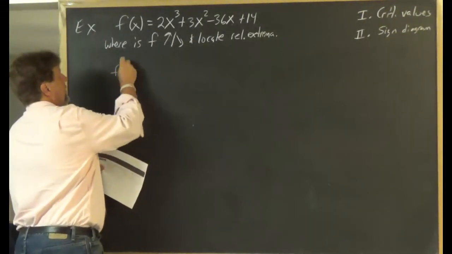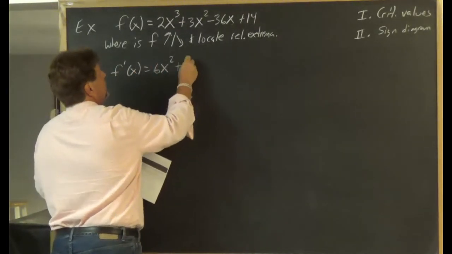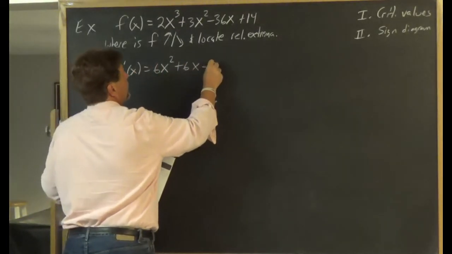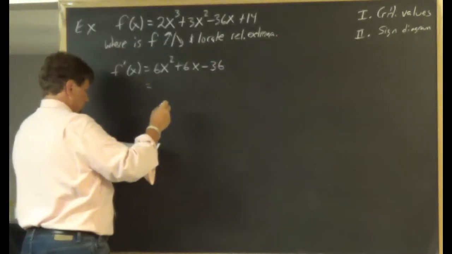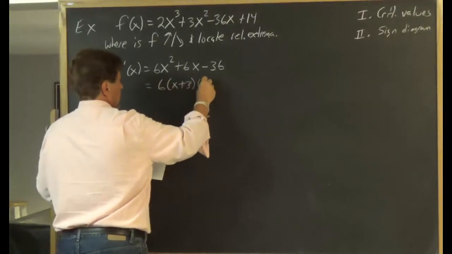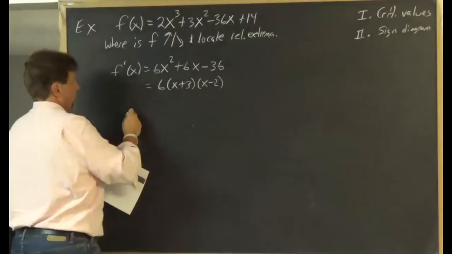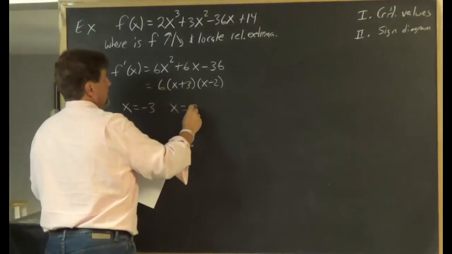Now I think in the prior example, we did determine the critical numbers or the critical values for this function. I think we ended up saying that the critical values were x equals -3 and x equals 2.